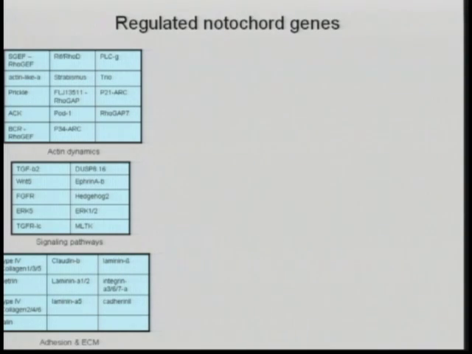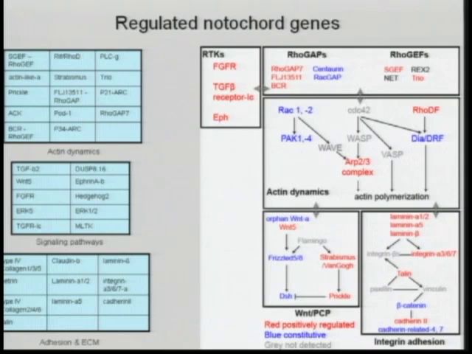To help you better understand these genes, I plotted them in different known cell biology processes like actin dynamics, Rho GAP, Wnt PCP pathway, and integrin adhesions. The red genes are positively regulated, basically those genes that are shared by the two conditions. As you can see, within each cell biology process, only individual ones are positively regulated.